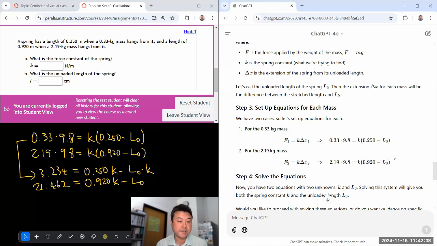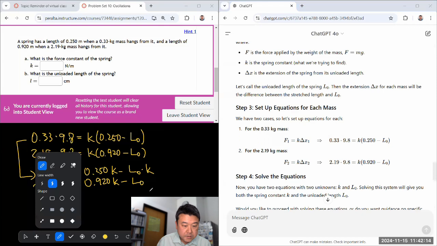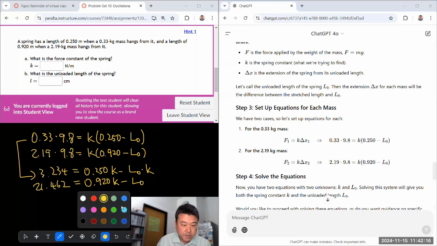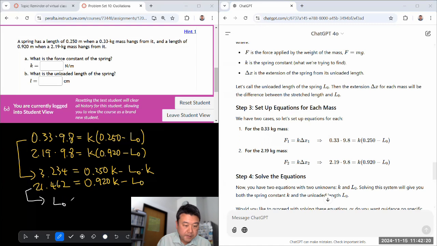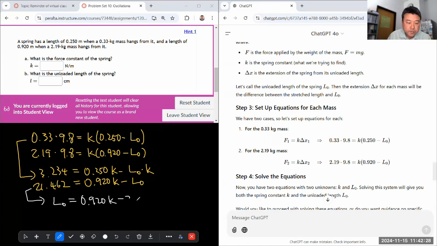And so here, as it's asking for the force constant, let's say we are eliminating L naught. So I'll solve the second equation for L naught. I'll get L naught is equal to 0.90k minus 21.462. I can plug this into the second equation and combine.